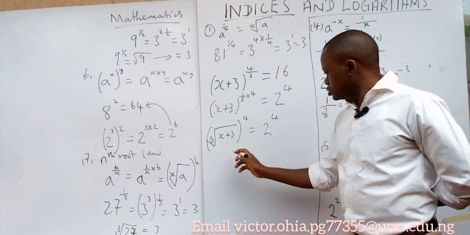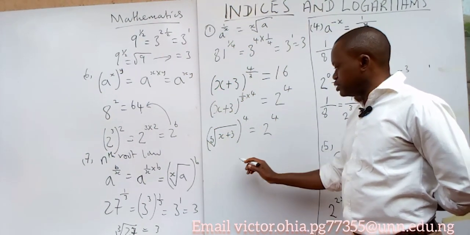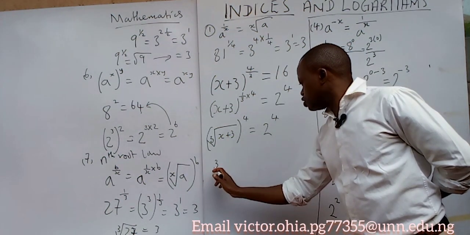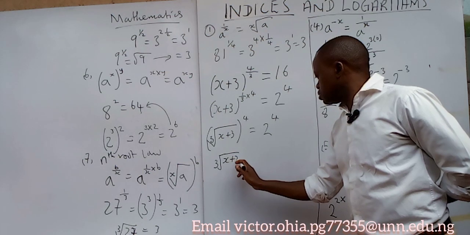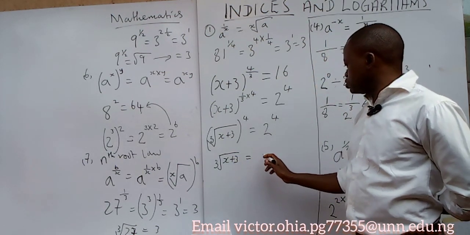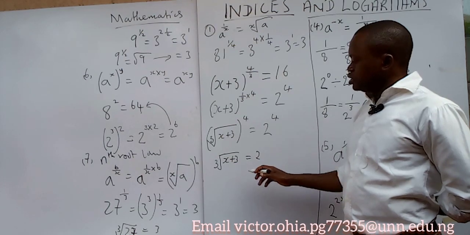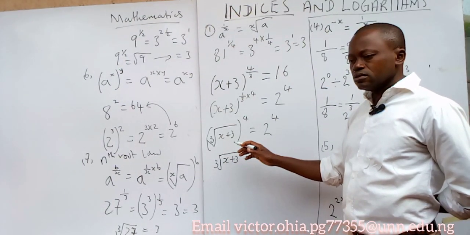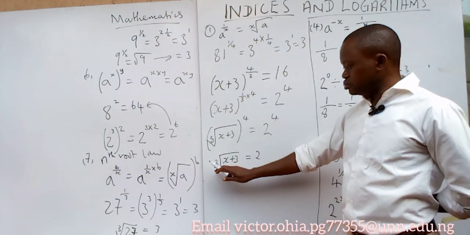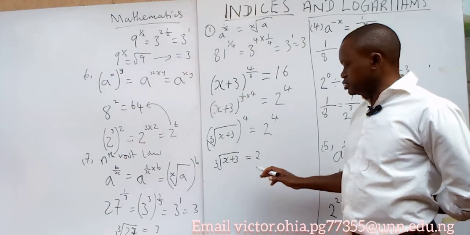So, finally, since the powers are equal, equate the base, and we're going to have the cube root of x plus 3 equals to 2. I'm sure I have not made this class too lengthy. Now the only way to remove this cube root is to raise this to power 3, both sides.